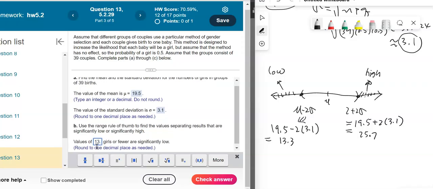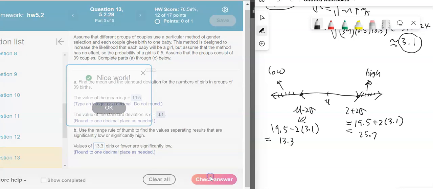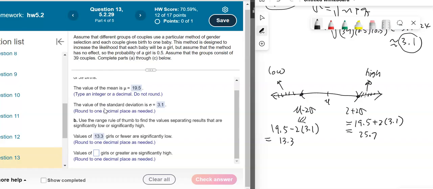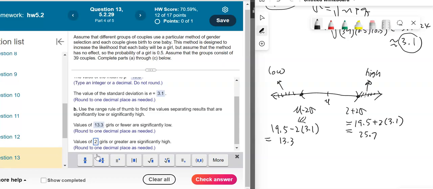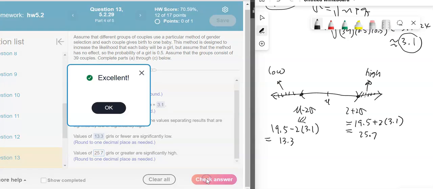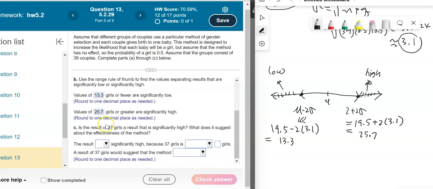So using the range rule, values of 13.3 or fewer are significantly low, and values of 25.7 or more are considered significantly high. Now, what about 37? 37 is way over here, so it's considered significantly high.